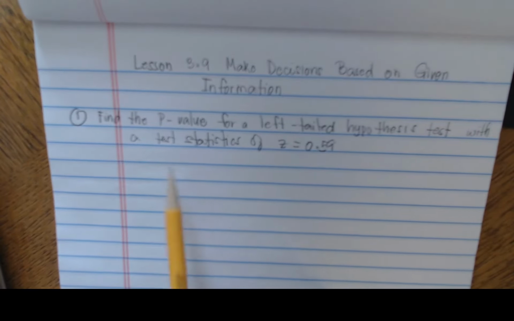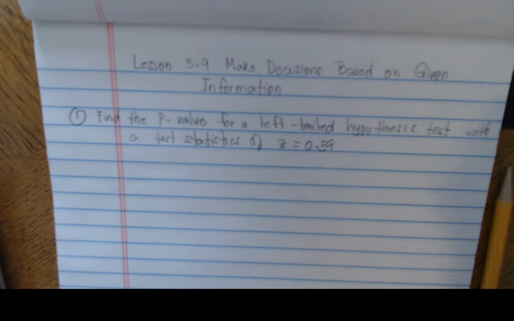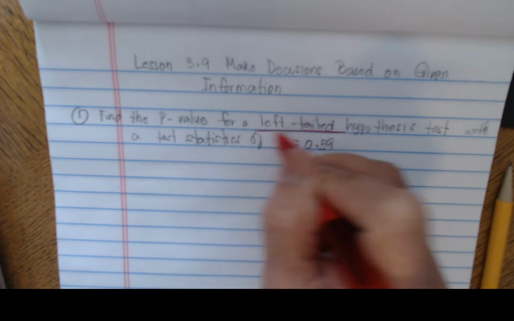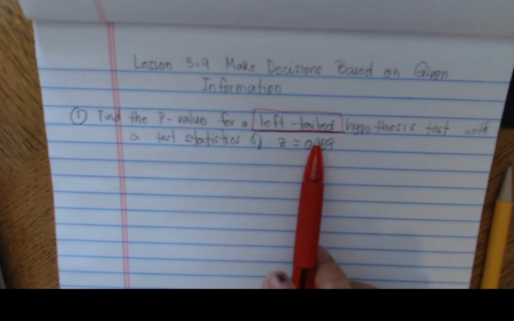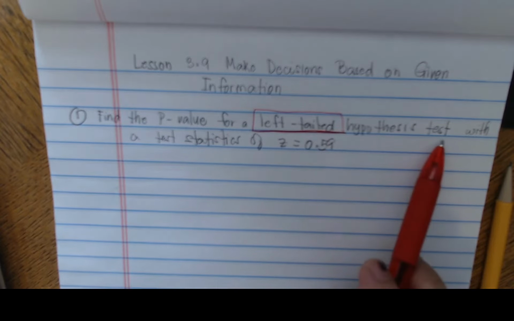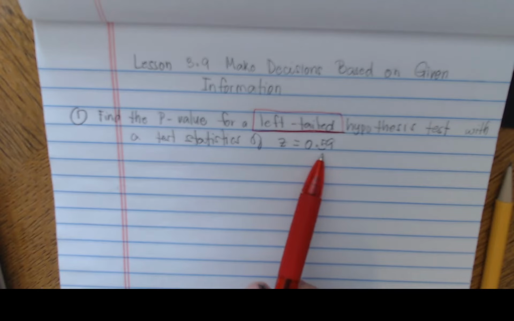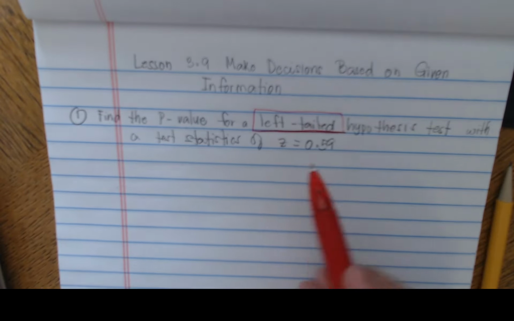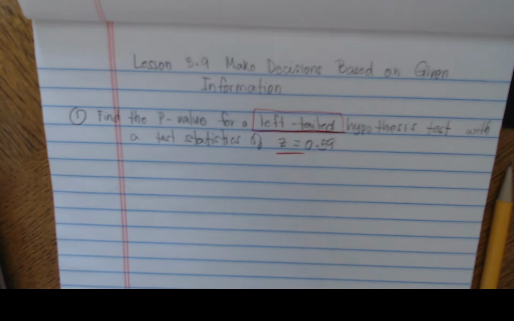Here's example number 1. Find the P value for left-tailed hypothesis test. So we have here a very important word, left-tailed hypothesis test. So take note of that. With test statistic of Z equals 0.59. Because it's asking for Z, we will use the Z table.